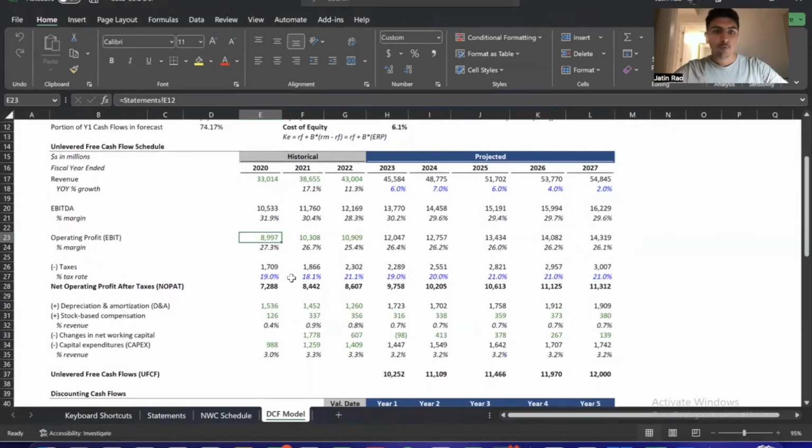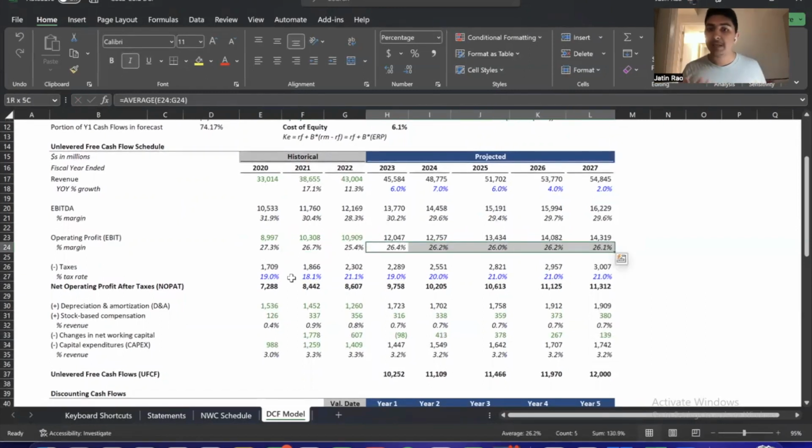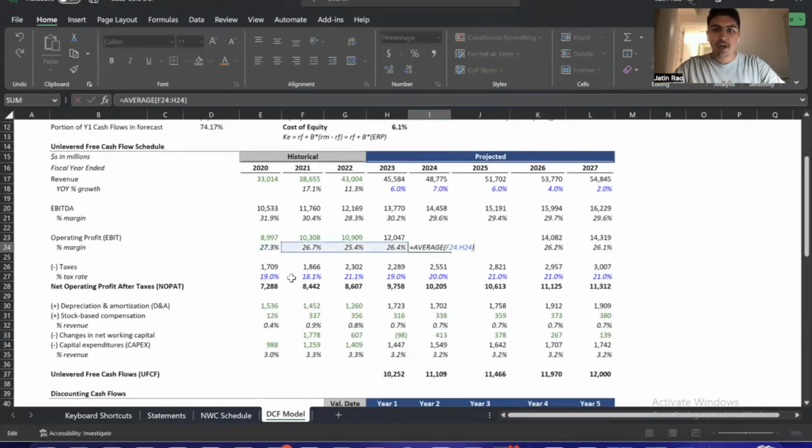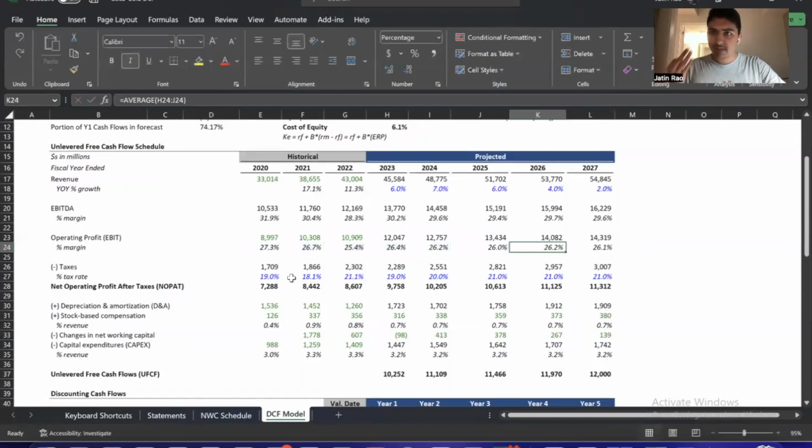For EBIT, we pulled these numbers straight from Coca-Cola's income statement and found EBIT margin, which is EBIT as a percentage of revenue. And then we made estimates for what EBIT margin would be into the future. I believe we used a rolling average of the previous 3 years' EBIT margin, and then multiplied this projected EBIT margin by our revenue forecast for that year to get our forecast for EBIT.